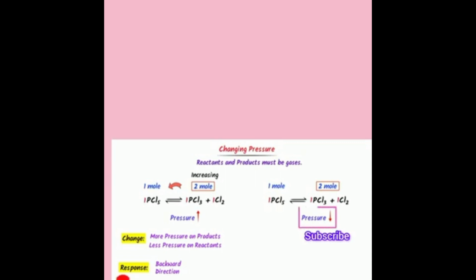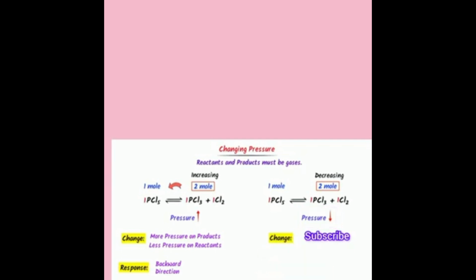Now when we decrease the pressure, it means that we are decreasing the number of 2 moles further and putting less pressure on reactants.